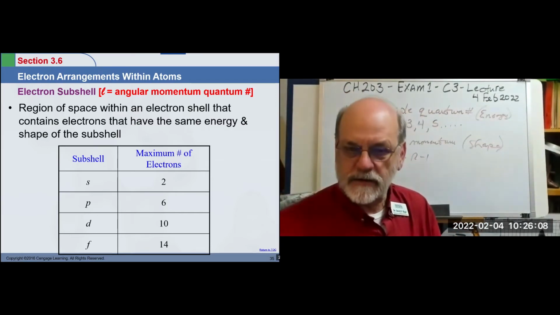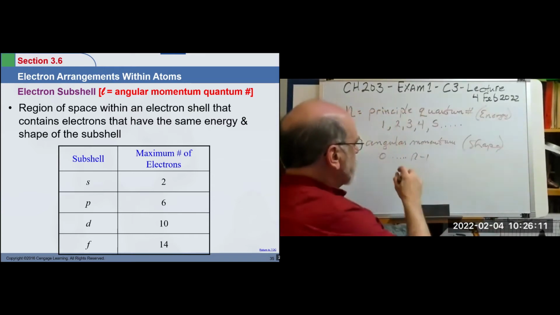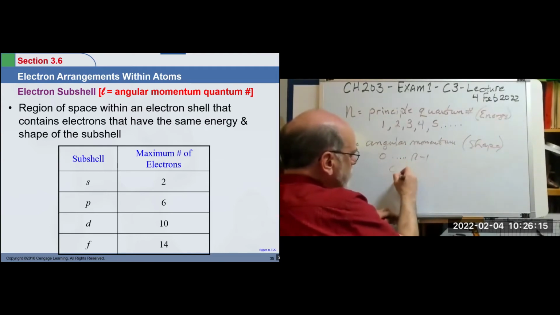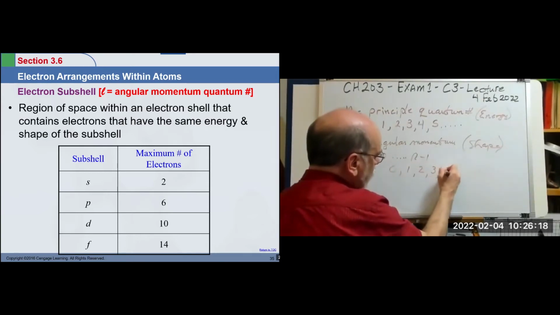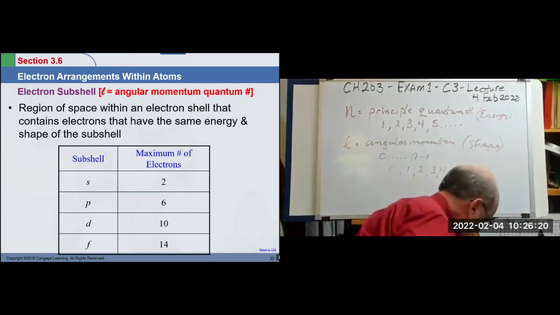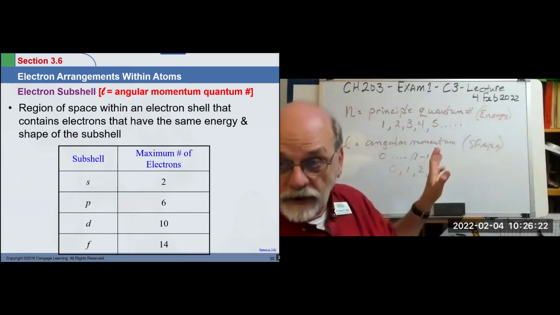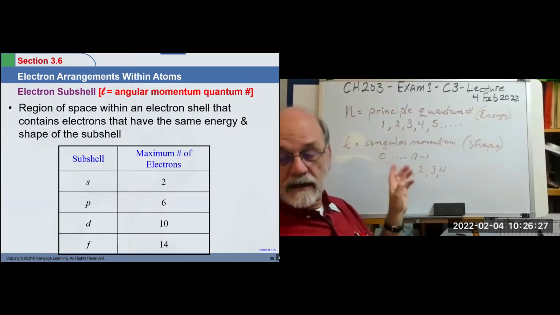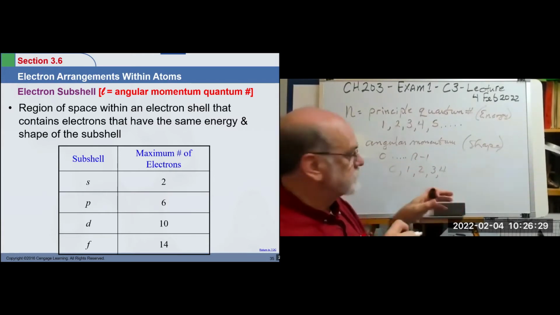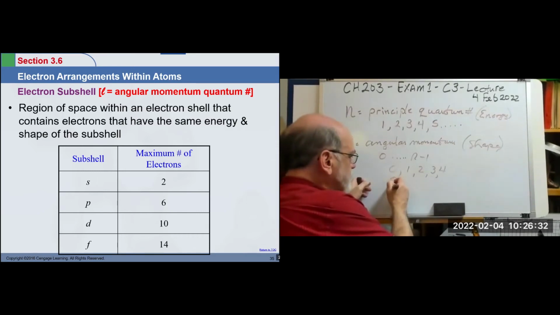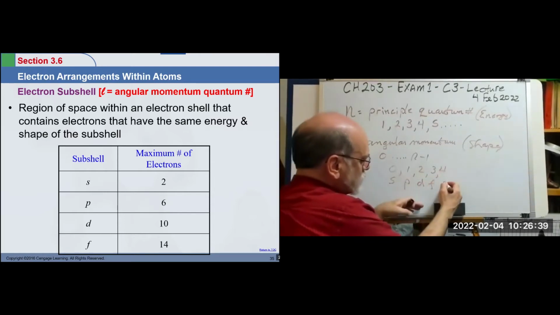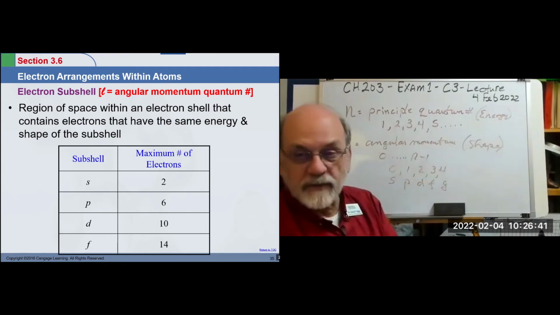Now, for convenience, if we have 0, 1, 2, 3, 4 as our possible L numbers, we've assigned letters to each one of these. And I'll show you why that is in a few minutes. Zeros are S's, 1s are P's, 2s are D's, 3s are F's, 4s are G's, and you can go on up from there.